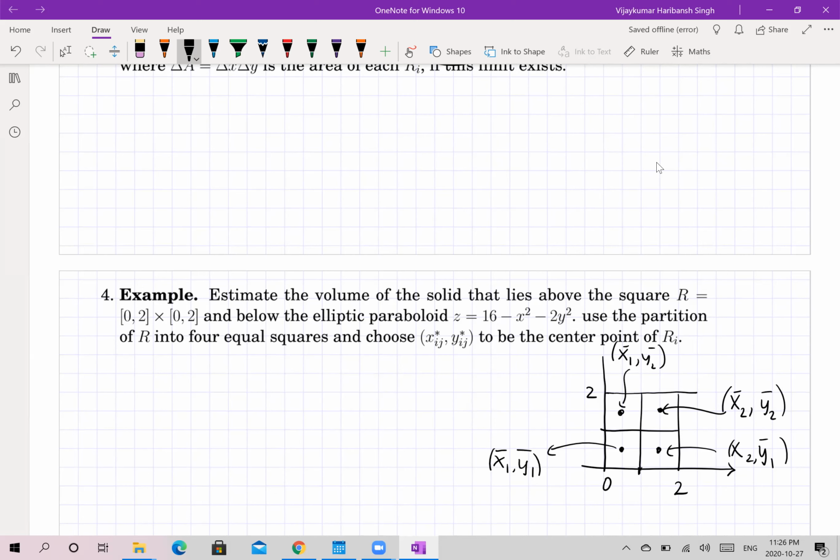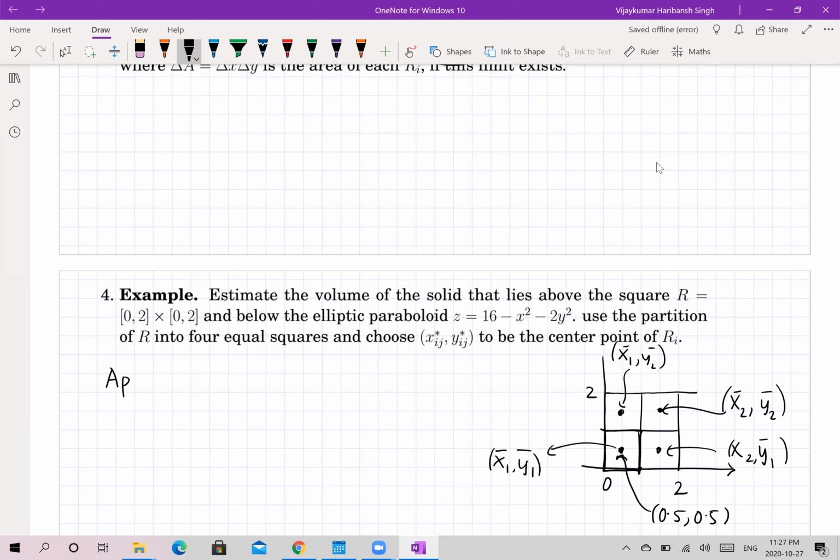So what are these points? This point is the midpoint of this square, so this point is simply 0.5, comma 0.5.